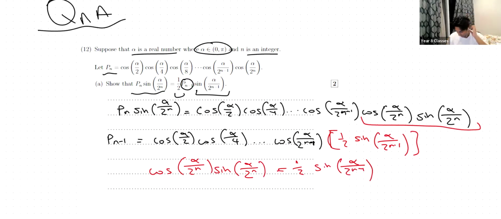Can I do that? Yes, I can. This looks like a sine double angle. So this looks like a half outside of 2 sine 2 alpha on 2 to the n, which is going to be sine.